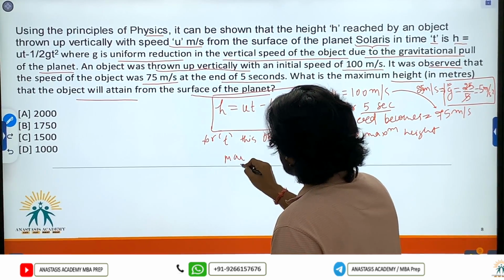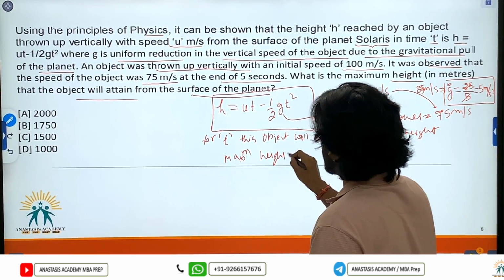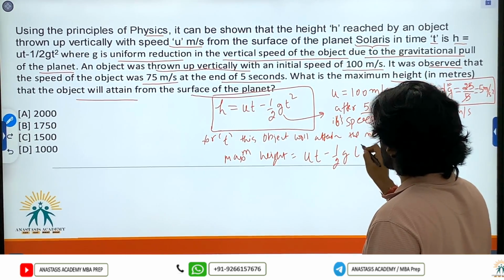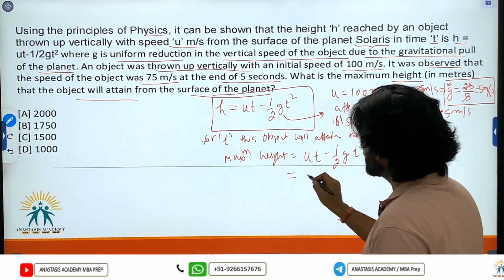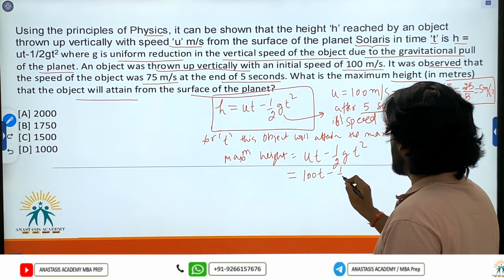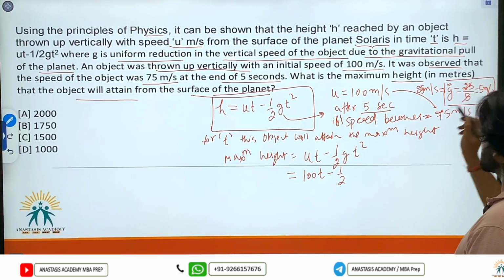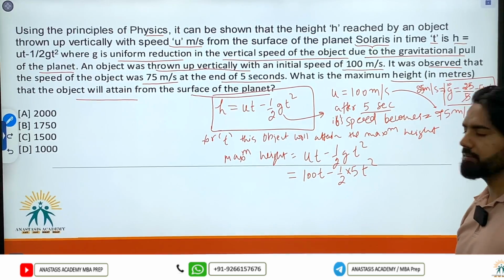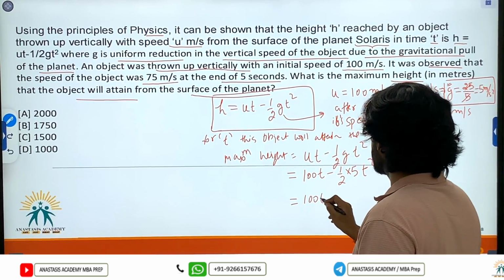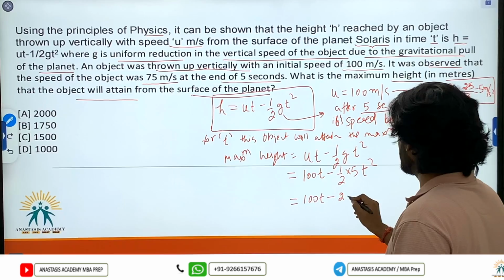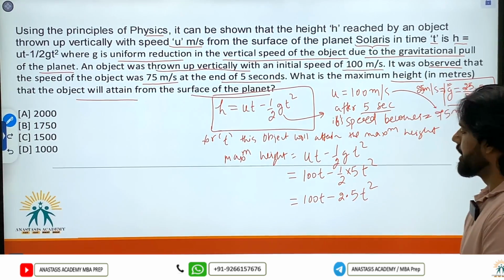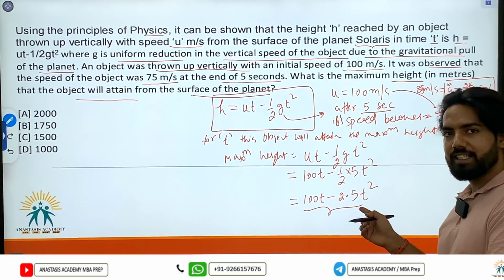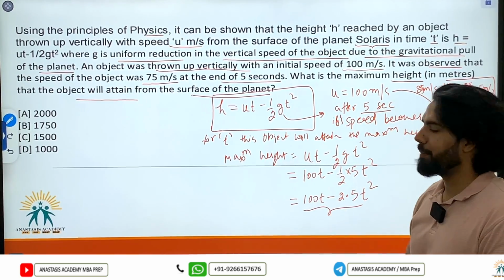So that height would be ut minus half gt square. And u is 100 in this case, and we have found g as 5, so let's simplify it further, so it becomes 100t minus 2.5t square. So this quadratic expression would be the maximum height.